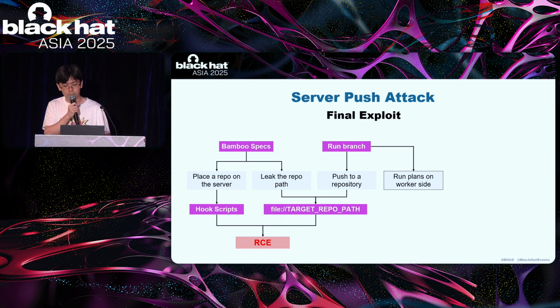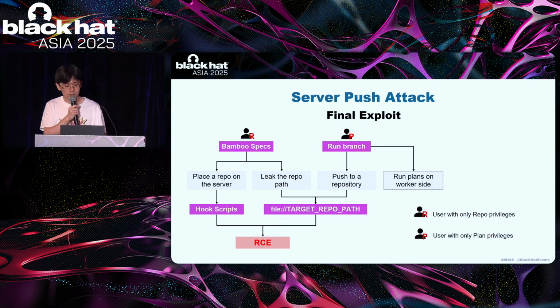So the Bamboo Specs feature allows us to place a repo on the server with hook scripts prepared. It can also be used to link the repo path and combine with the run branch functionality, which you can push to a local repository via file protocol. If we combine them together, we get RCE.